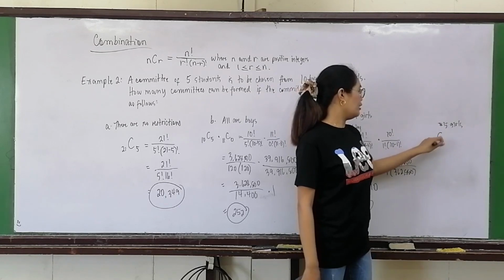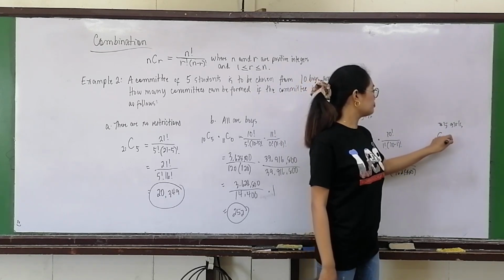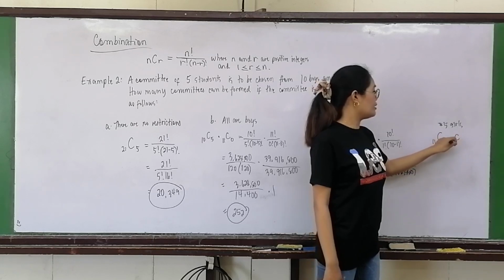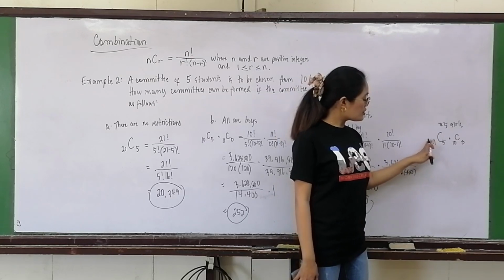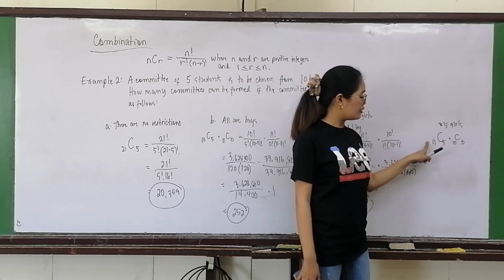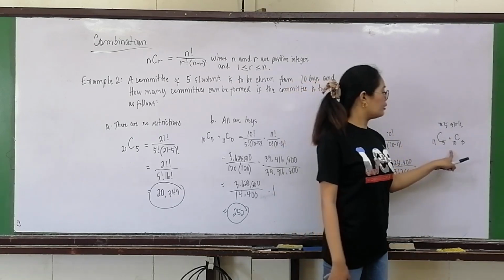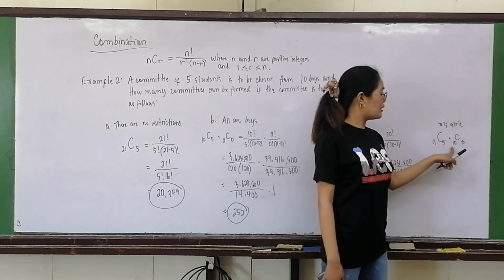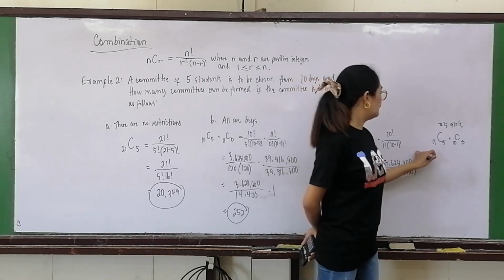This gives us the combination of 11 taken 5 times the combination of 10 taken 0. 11, since we have 11 girls, and we will be choosing 5 out of the 11. Here, out of the 10 boys, no student will be chosen.